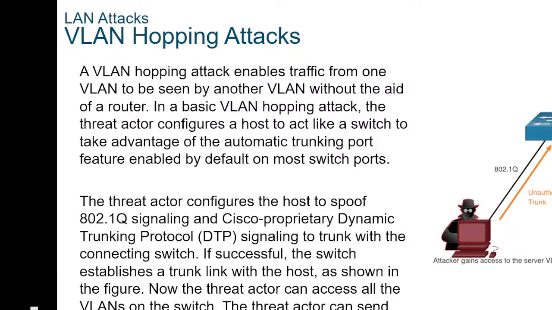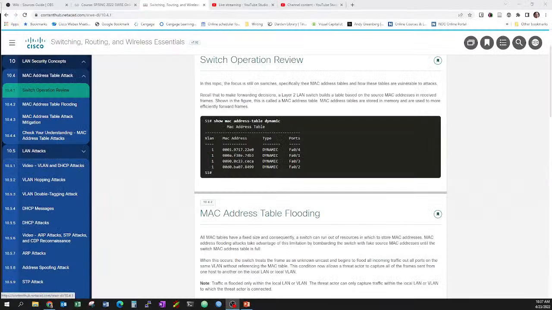Remember, when we trunk, we can actually see the packets that are flagged for other VLANs, if our trunking is set up in such a way that those particular VLANs are accessible.